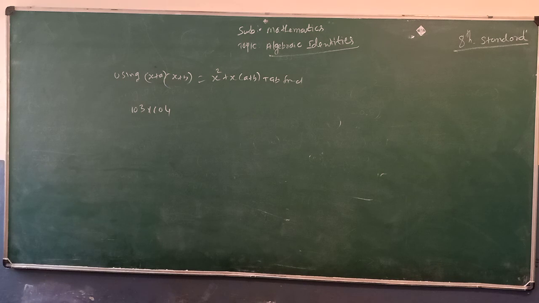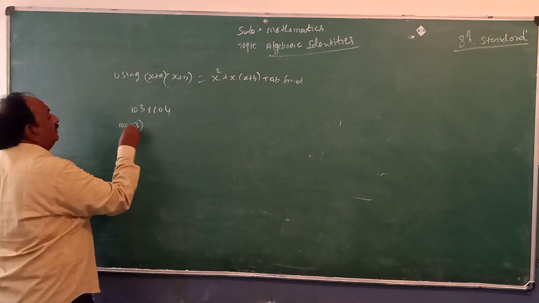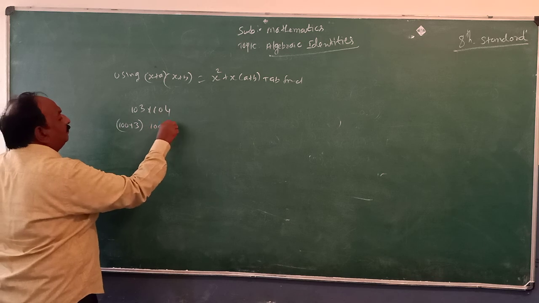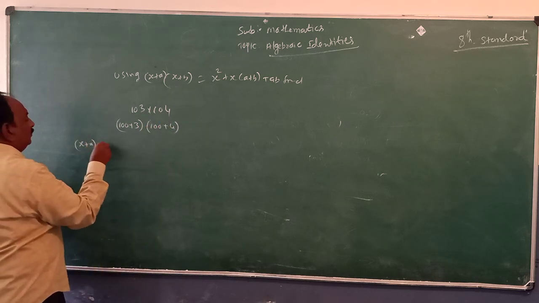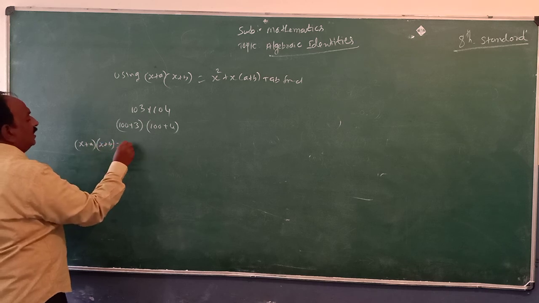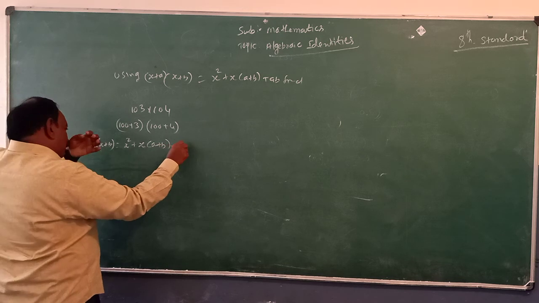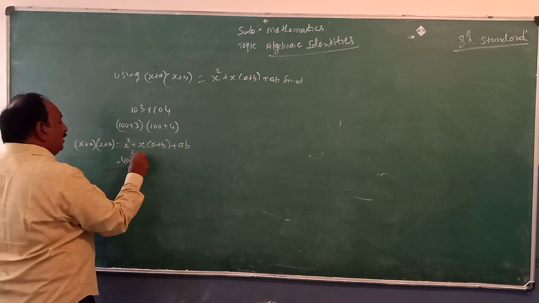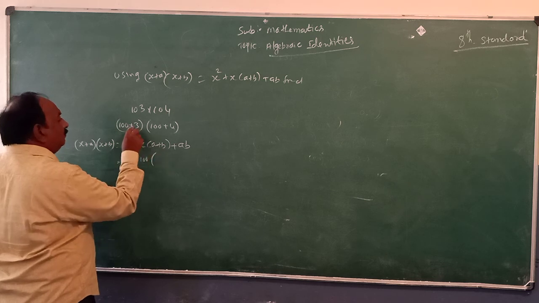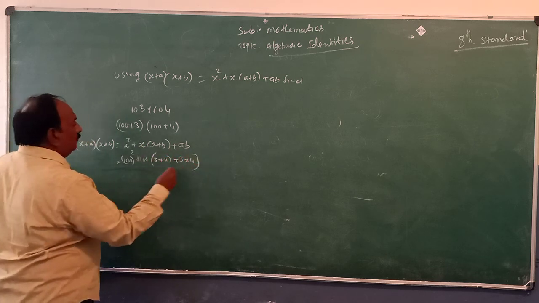103 into 104. This can be written as 100 plus 3, 100 plus 4. X plus a into x plus b, x square plus x into a plus b plus ab. X is 100 whole square, 100 into a plus b, 3 plus 4, plus 3 into 4.